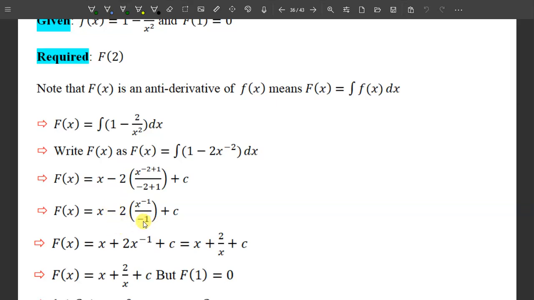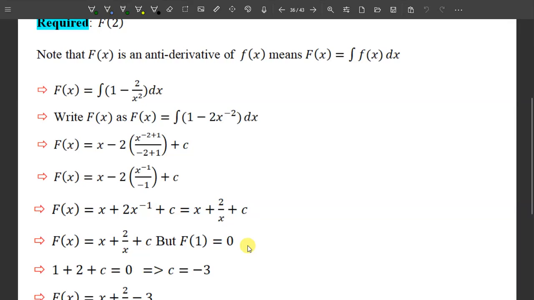So we have x plus 2x to the power of minus 1 plus c. X to the power of minus 1 can be rewritten as 1 over x, so the final expression is x plus 2 over x plus c.